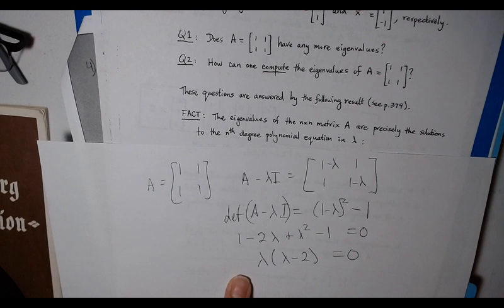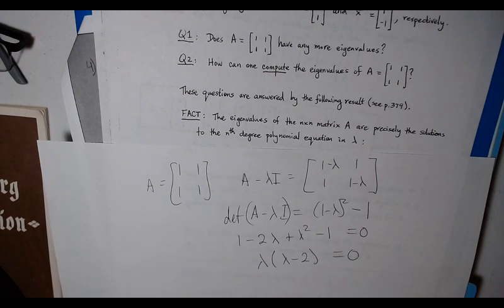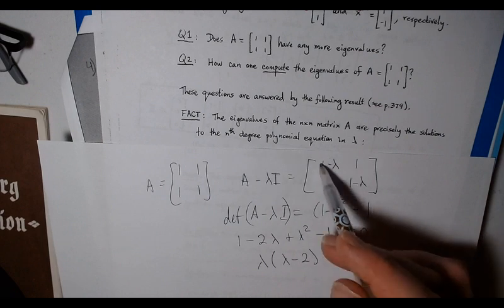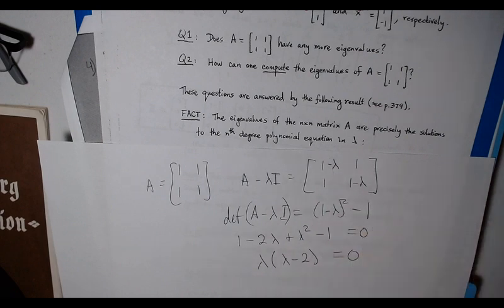and those are the only two I get, and they will be the only two I get because the determinant of A minus lambda I only has lambdas on the main diagonal, so the highest power of lambda you're ever going to see is the size of your matrix. So for a 2 by 2 you're going to get a lambda squared.